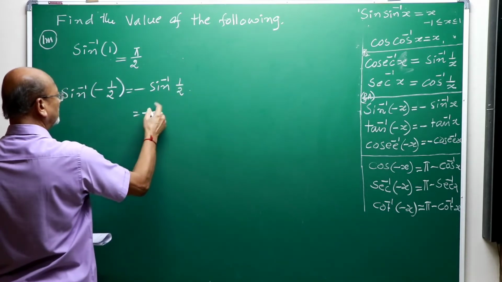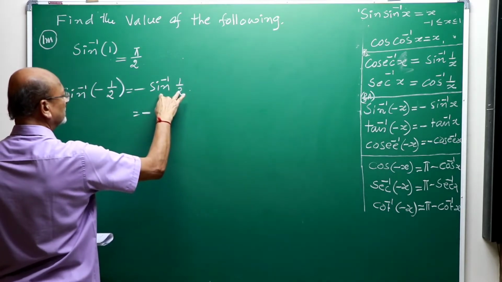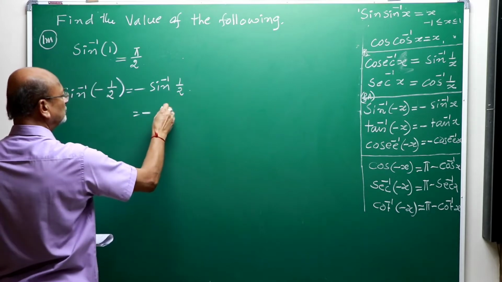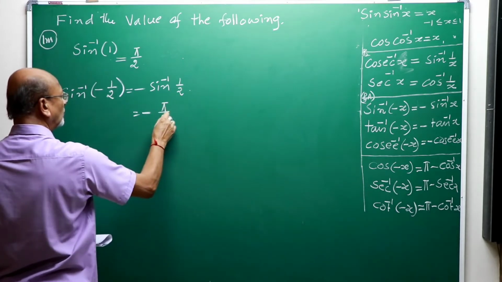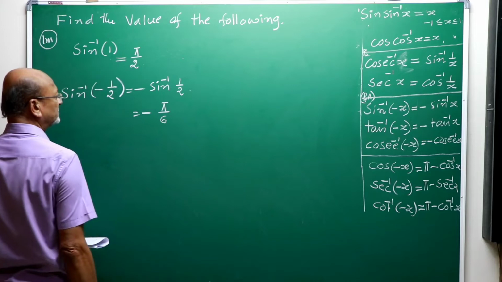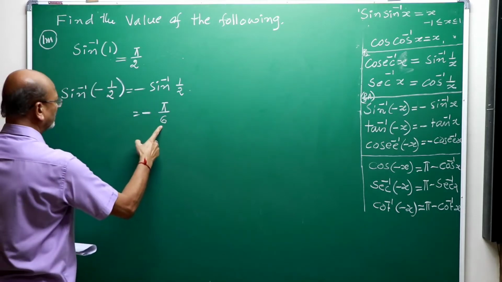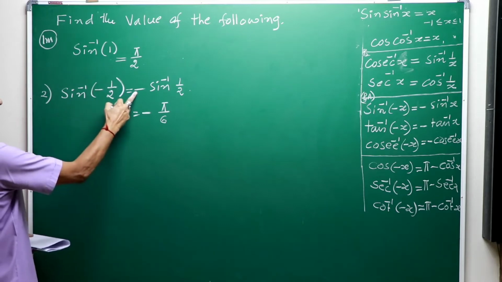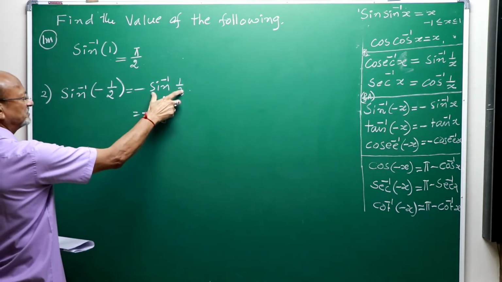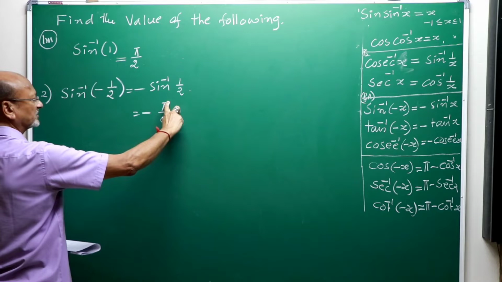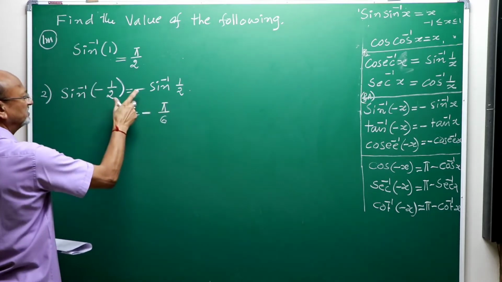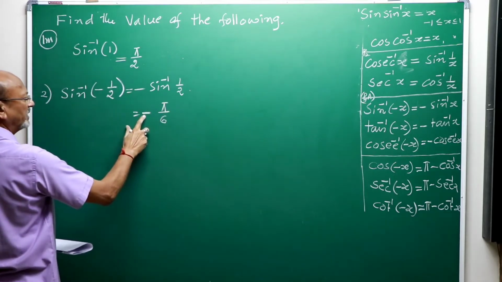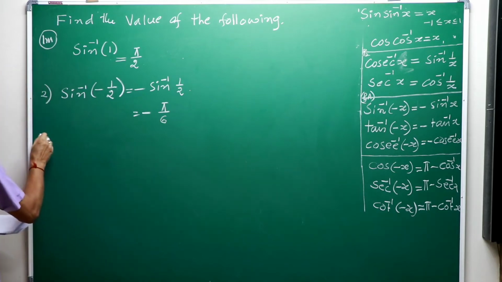Tell me, what is this? The angle whose sine is 1 by 2 is 30 degrees or pi by 6 radians. You have to make use of that property: sine inverse of minus x is minus sine inverse x. This is nothing but pi by 6. Therefore, the value with this sign is minus pi by 6.